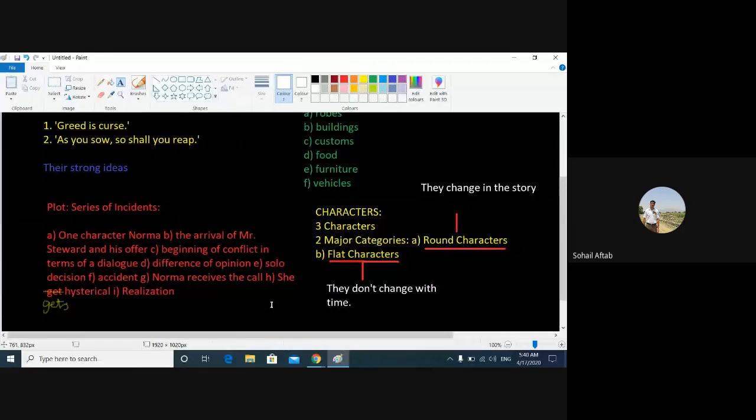Now, what exactly happens in real life? Round characters learn things first, and after learning, they don't stick to their learning. Whenever there is a change, they can change themselves.